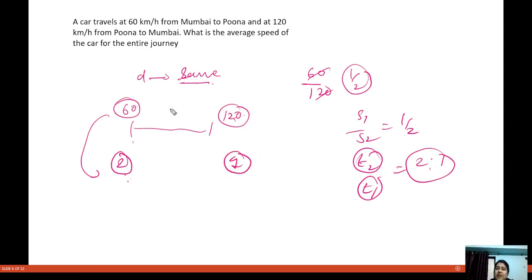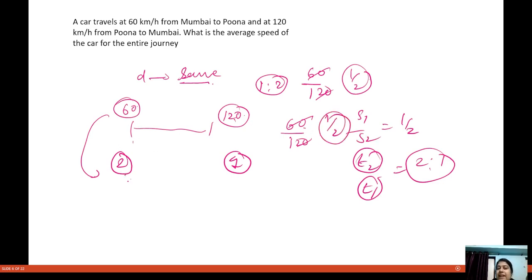Understand this: when the ratio of speed came 1 is to 2, still I wrote the time ratio as 2 is to 1. Why? Because your speed is less, you will take more time.